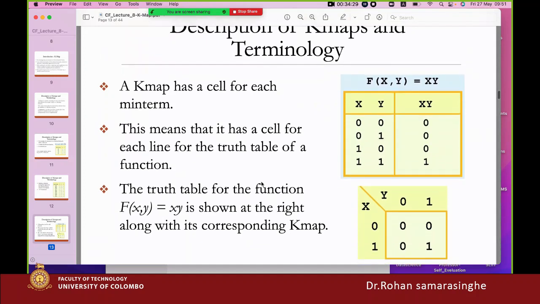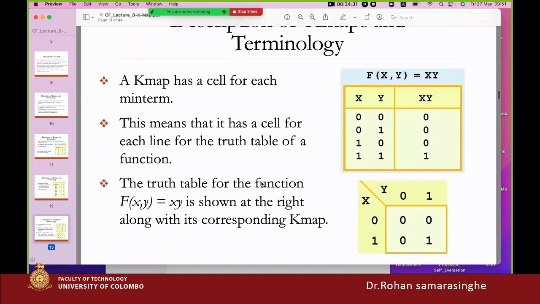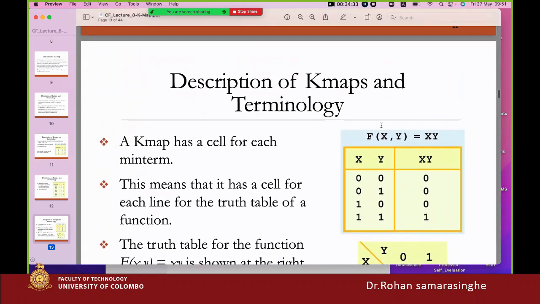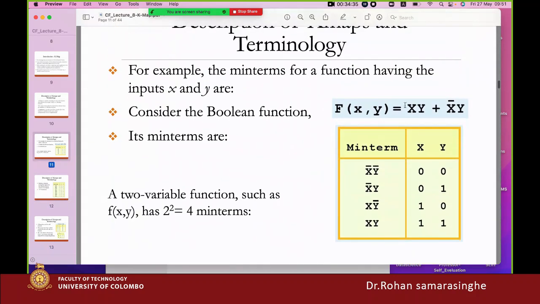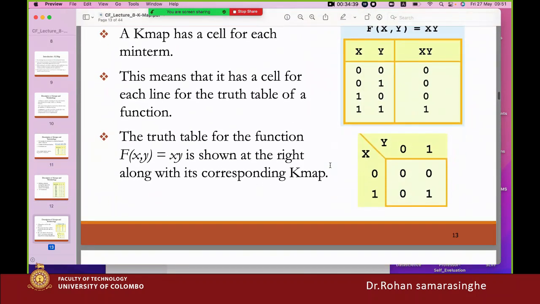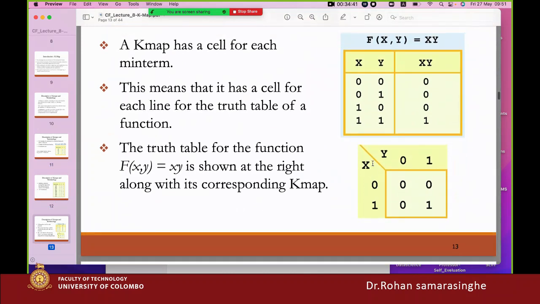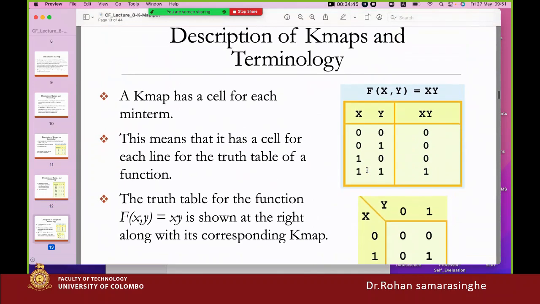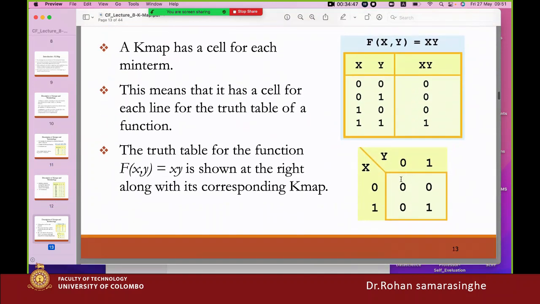And you can draw the given expression in a K map. Put the variables here, and you can draw like this.